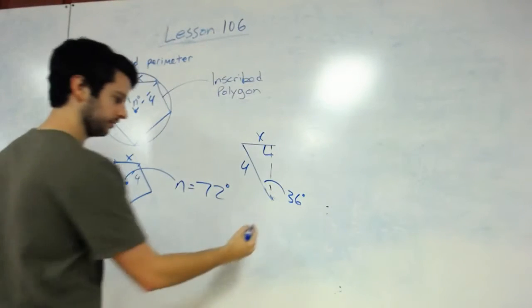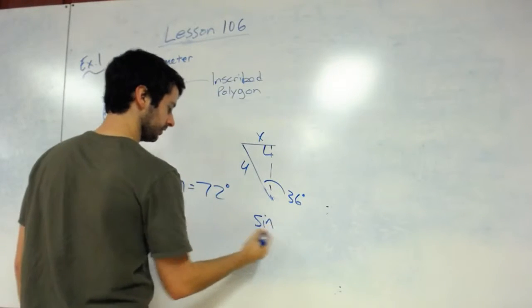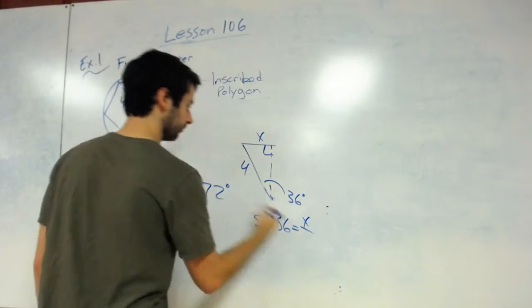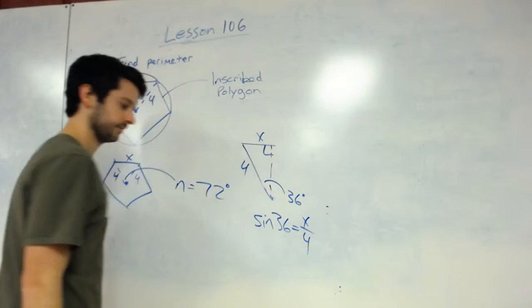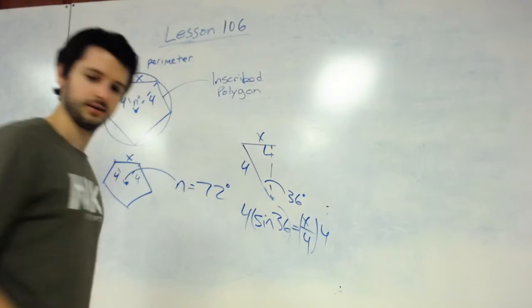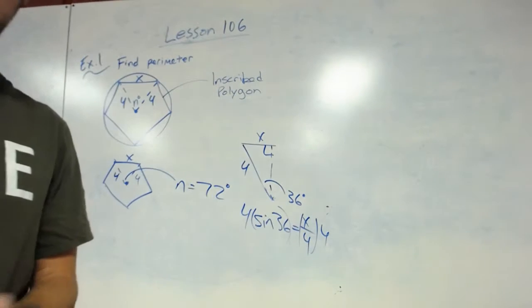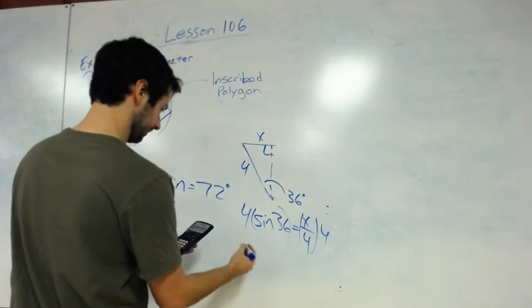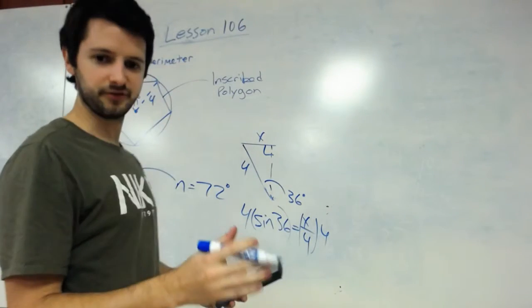So, we're going to do sine because we want opposite x over hypotenuse 4. Multiply the 4: 4 sine of 36 gives roughly 2.35.